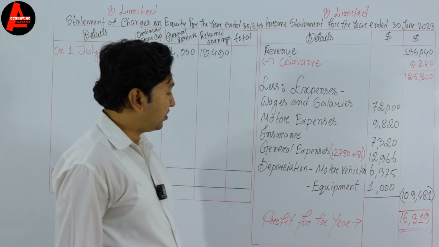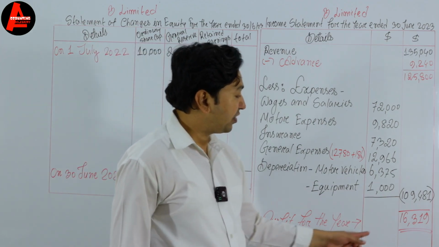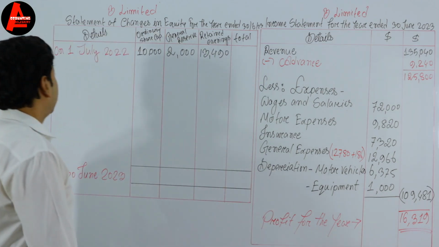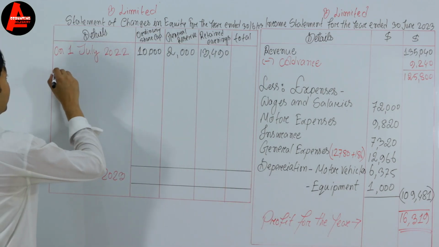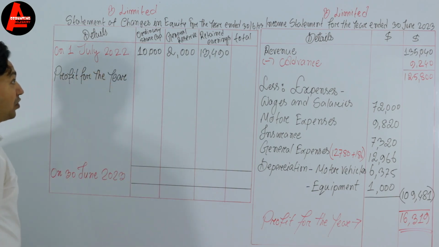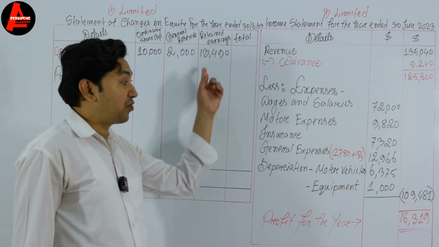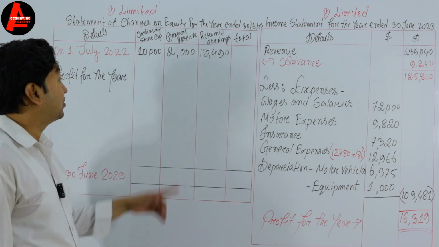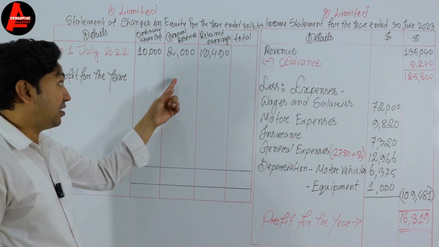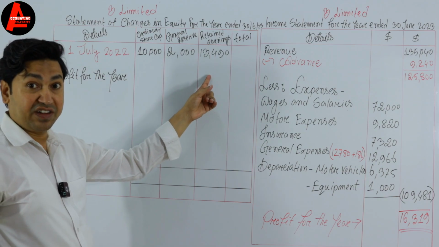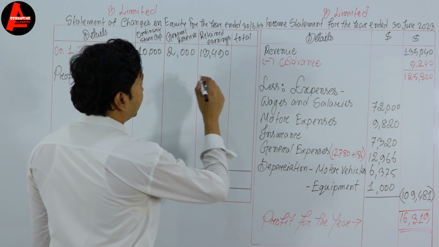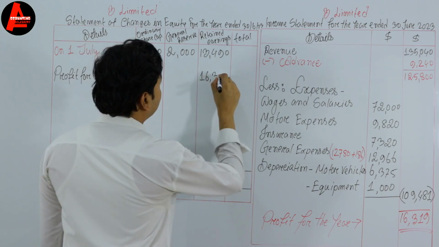On the income statement we have profit for the year of $16,319. This profit will be added to retained earnings, so we will not write it in the ordinary share capital or general reserve column. Don't forget, we write $16,319 in the retained earnings column.